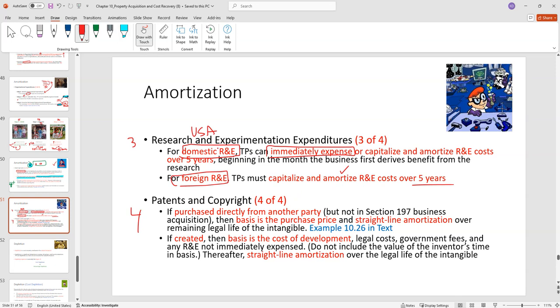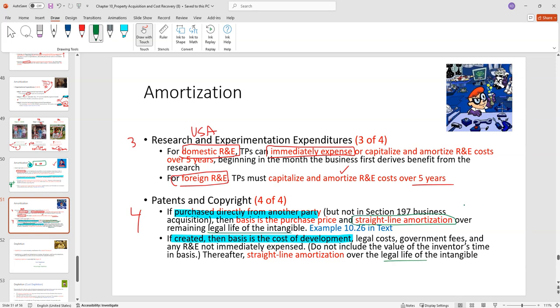So that's another situation. How about patents and copyrights? If you buy it from another party, it's typically going to be what you paid. If you create it, it's typically going to be the cost of development. And then what we do is essentially straight line amortization over the legal life.